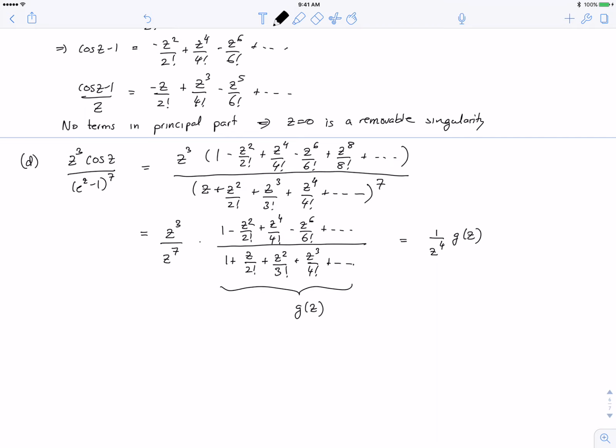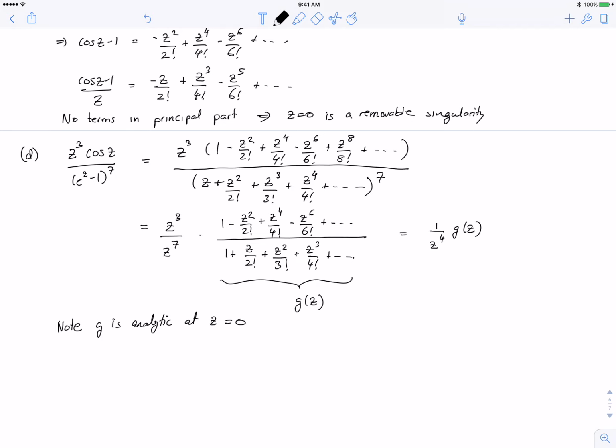So it's going to be analytic in some neighborhood of 0, and therefore I can find a Taylor series for it. So let me write some of this down. Note g is analytic at z equals 0, and it's fairly simple to argue it's going to be analytic in some neighborhood of z equals 0.